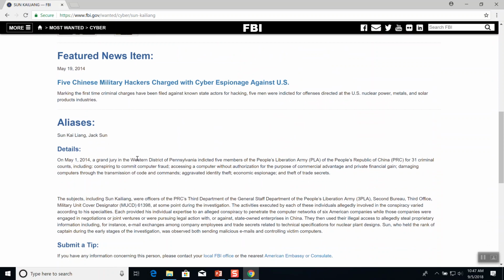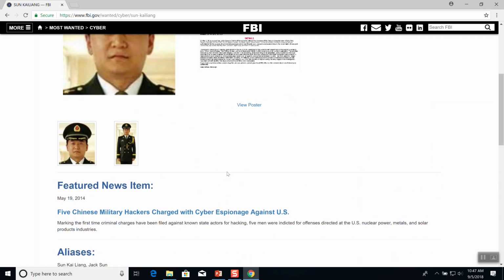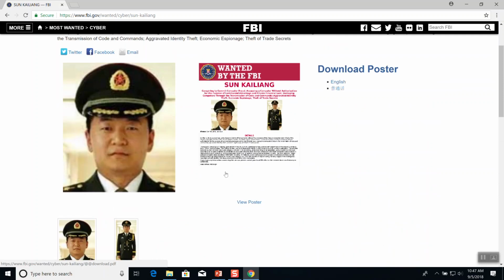In 2014, a grand jury indicted 5 members of the PLA of the People's Republic of China for criminal counts, including conspiring to commit computer fraud. This person obviously looks like an officer, right? We're not even at war with them, are we? No. I don't think they're really doing anything too intentional.